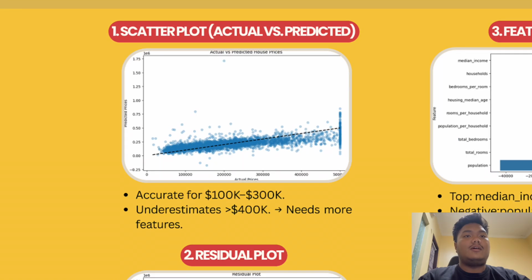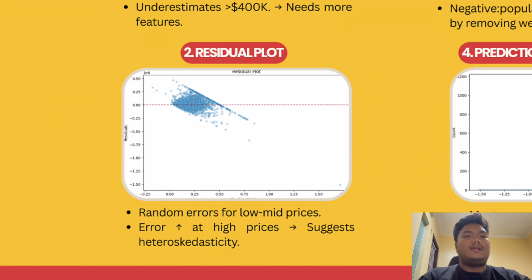The scatter plot of actual versus predicted values shows good accuracy for homes priced $100K until $300K but underestimates higher-priced houses. The residual plot indicates random error for lower prices but heteroscedasticity for higher ones, suggesting a log transformation or non-linear model could improve performance.